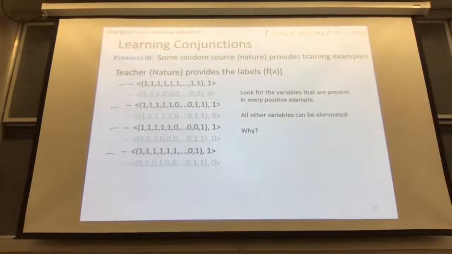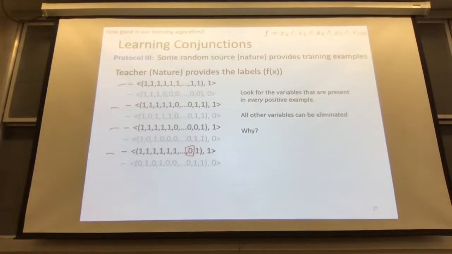And now look for those variables that are present in every positive example. So this variable x100 is present in every positive example. Let's look at those variables which are absent in any positive example. So x99 is absent here.